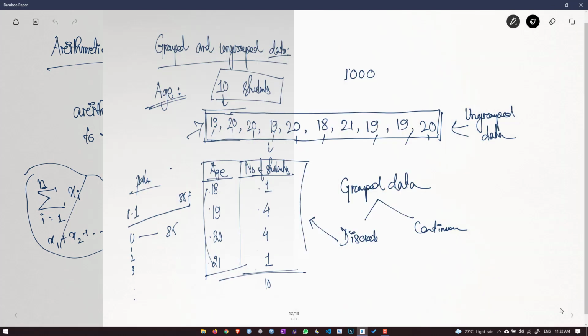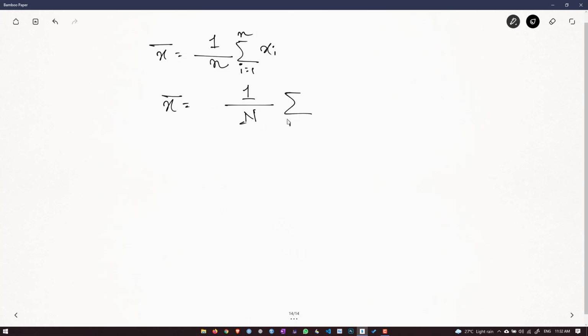So the two formulas: arithmetic mean in case of discrete or ungrouped data is 1 by n, summation i goes from 1 to n of xi, right? And in case of grouped frequency, it is 1 by capital N, summation i goes from 1 to n of xi fi.